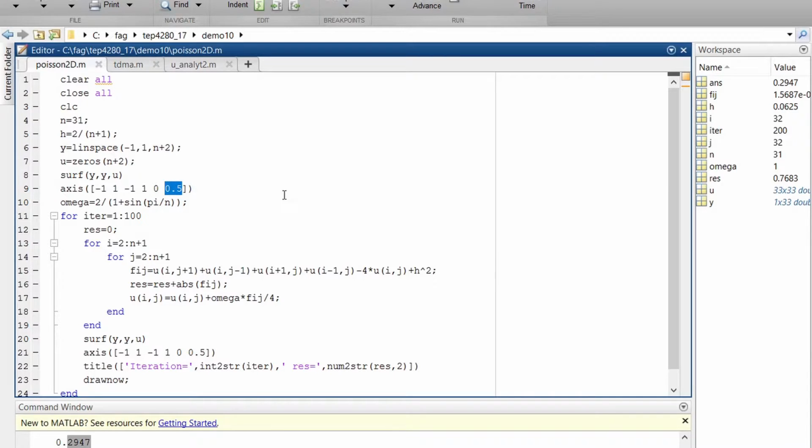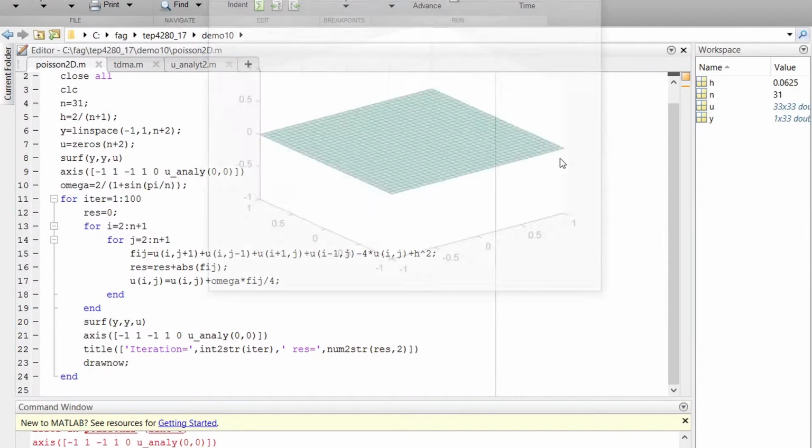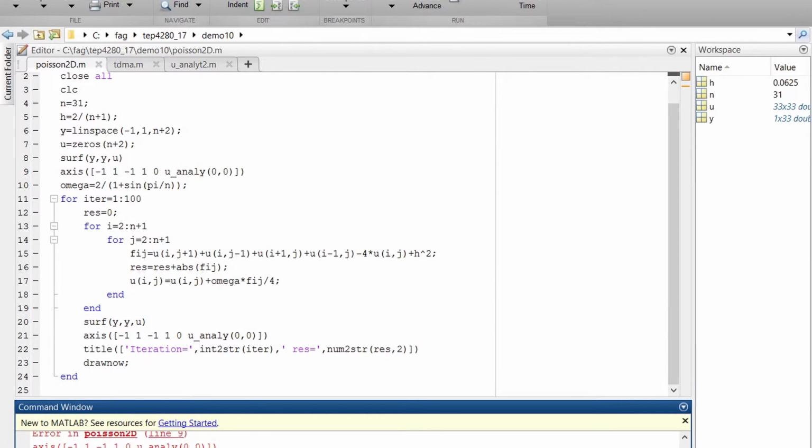So instead of 0.5, I want to have U analyt of 0, 0. And I do the same down here. Then we're good to go. No. What was wrong now? He didn't like that.